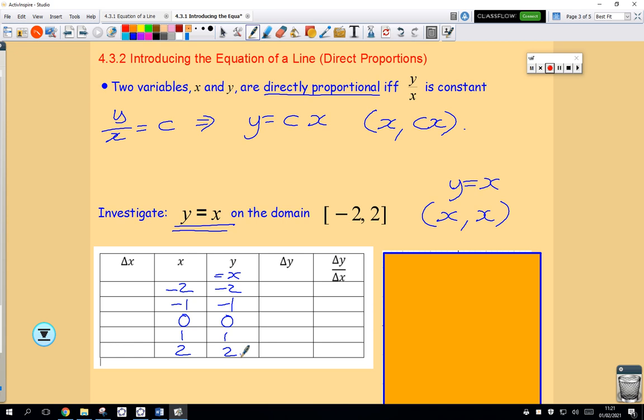If I look at delta x, remember delta means the change in x as I'm moving down. As I move from -2 to -1, that's an increase of 1. -1 to 0, that's an increase of 1. 0 to 1, an increase of 1. 1 to 2, an increase of 1.